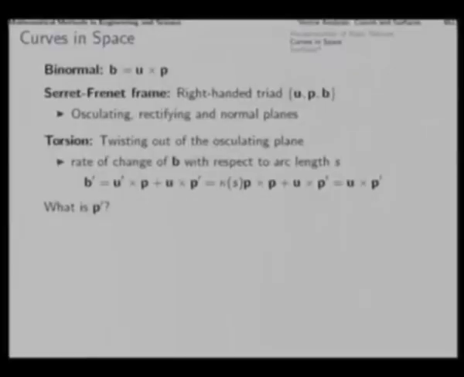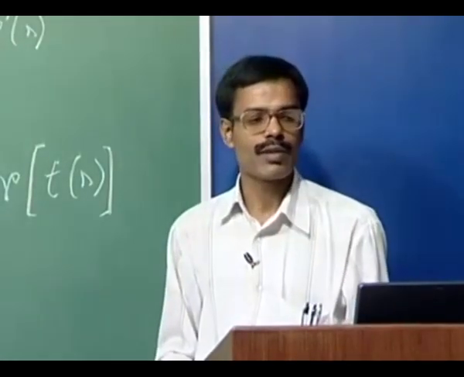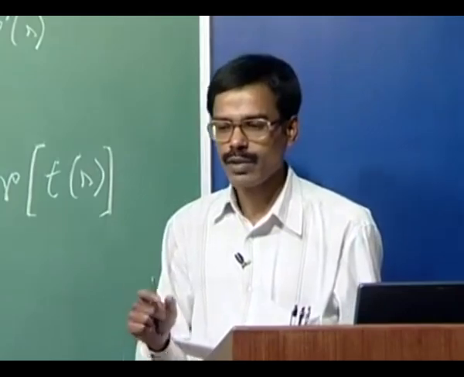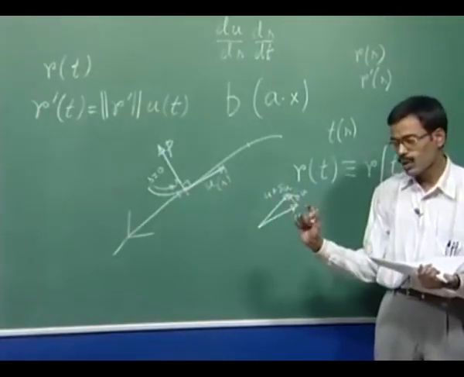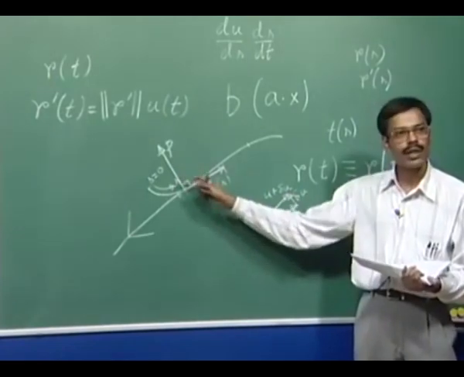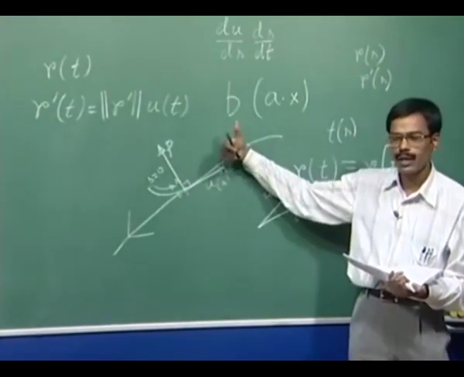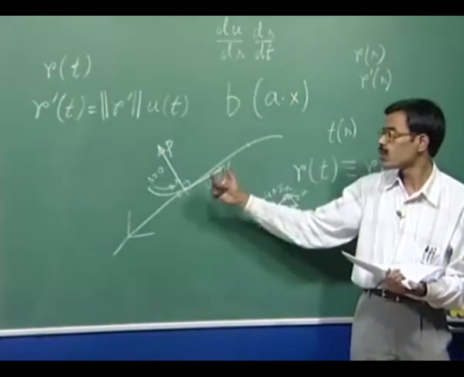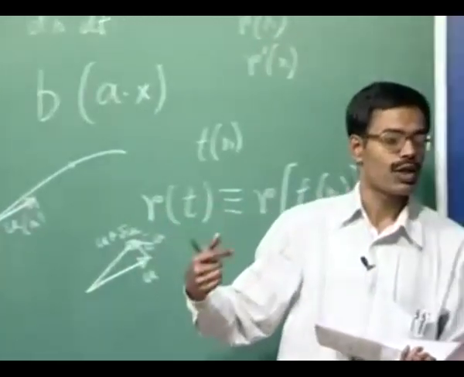Okay. After this, we get into the discussion of the next important property of a curve, which will be there in the case of spatial curves, 3-dimensional curves. In the 3-dimensional curves, the tendency of the curve to twist out of this local plane, that osculating plane, and become a spatial curve, go out of this plane, is measured by the quantity torsion.